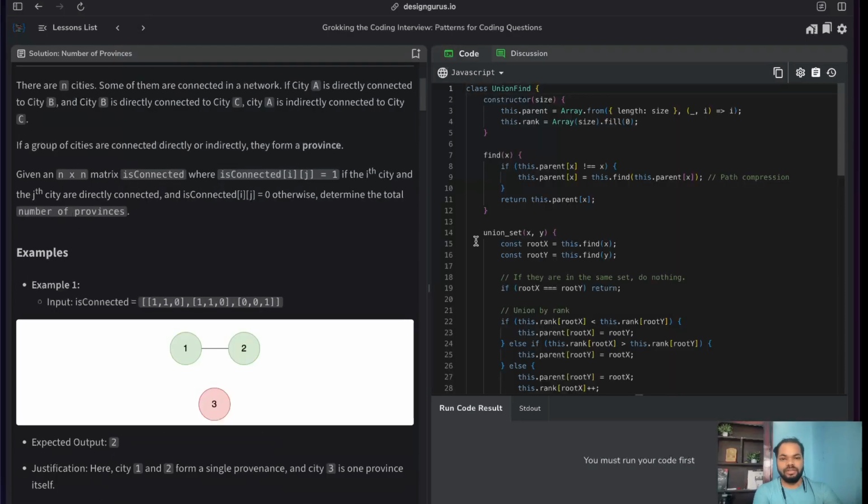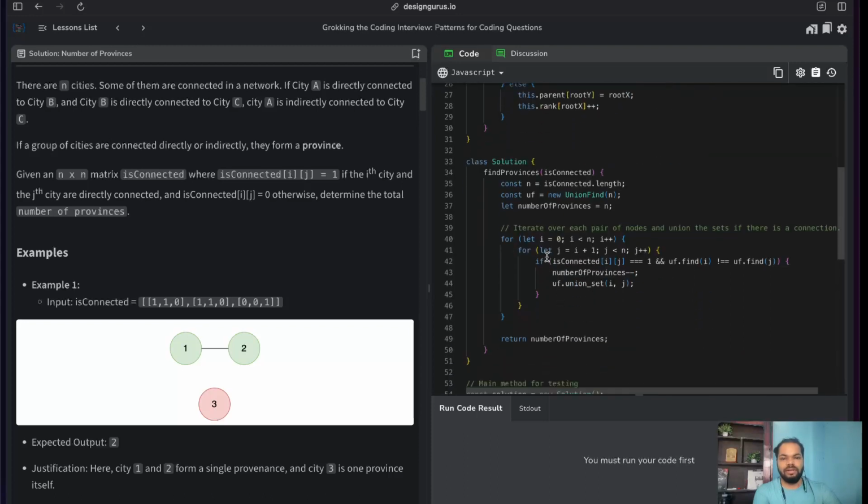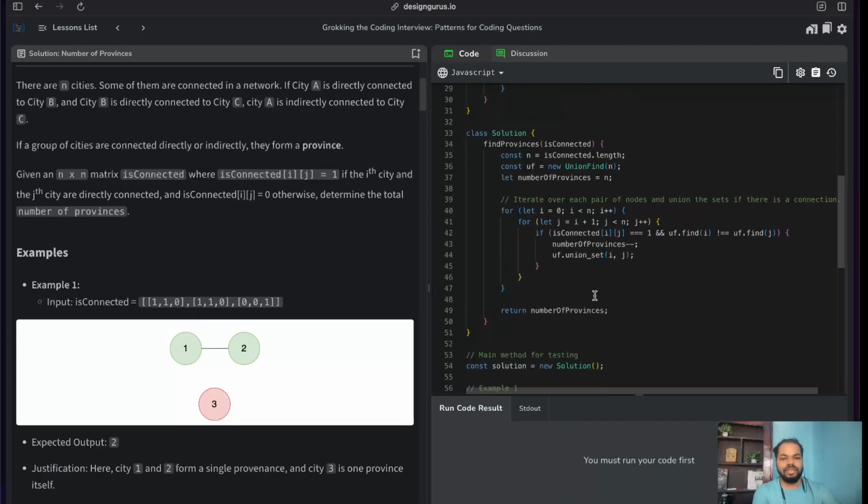Let's see their solution, how they are solving it. They created a union find constructor, union set, solve, find province. They have a for loop for j, and if it is connected, then find the number of provinces.